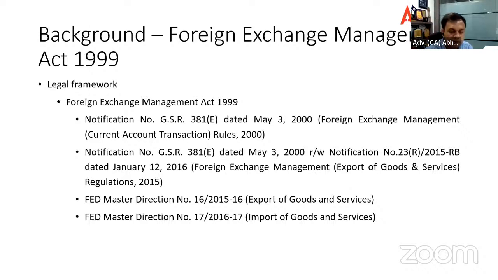So principally, we will be concerning ourselves with these 2 notifications which have been issued. That is notification 381, which deals with import transactions, and notification 381E, again, which deals with export transactions, whereby the Foreign Exchange Management export of goods and services regulations have been notified. Then we have master directions issued by RBI for exports.